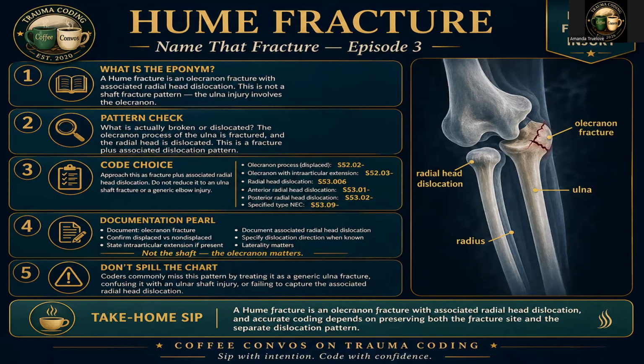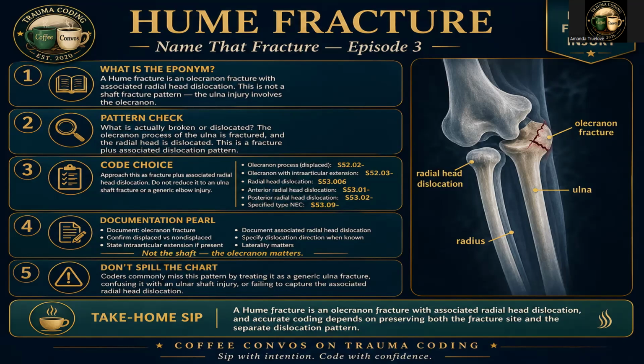Because this is a less commonly recognized eponym, the component description is especially important in helping us be sure to not spoil this chart, right? It's easy to make common coding mistakes or miscode some of the injuries.